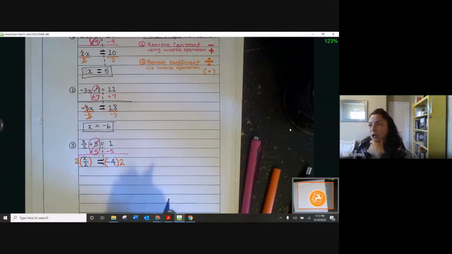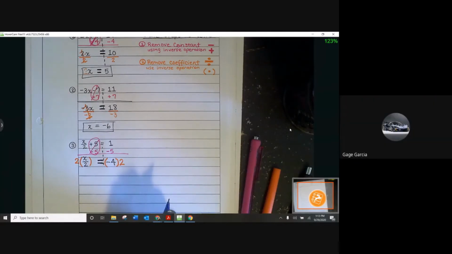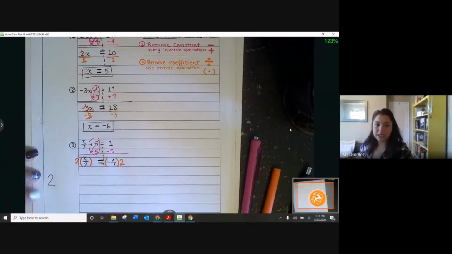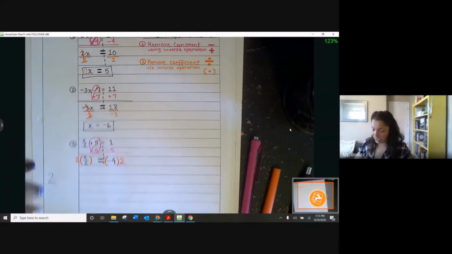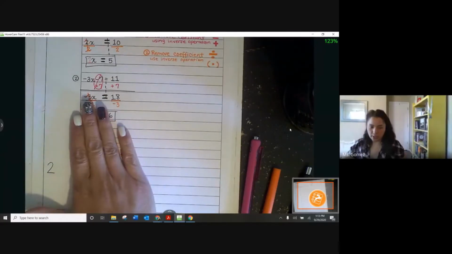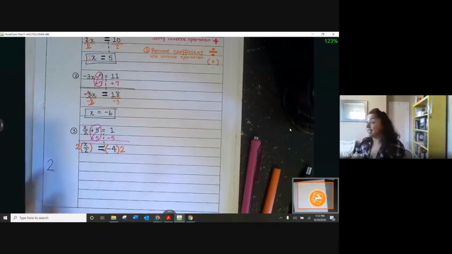So if I wanted to turn 2 into a fraction, because right now this is a whole number, how do I turn this number 2 into a fraction? Put it over 1. Yes, thank you very much.